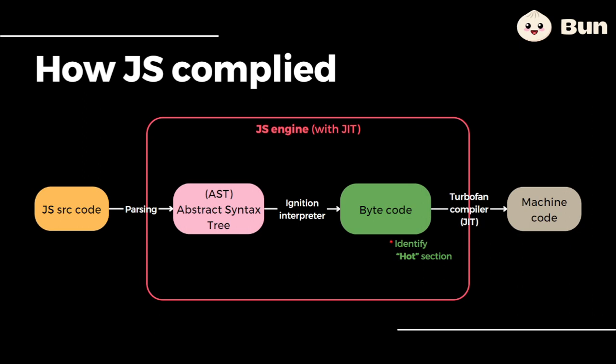But before going to that, I will explain how JavaScript code is converted to machine code. First we have a JavaScript engine that is responsible for converting the JavaScript source code into machine code by parsing the source code into an abstract syntax tree, or AST, which is later converted into bytecode by the interpreter.